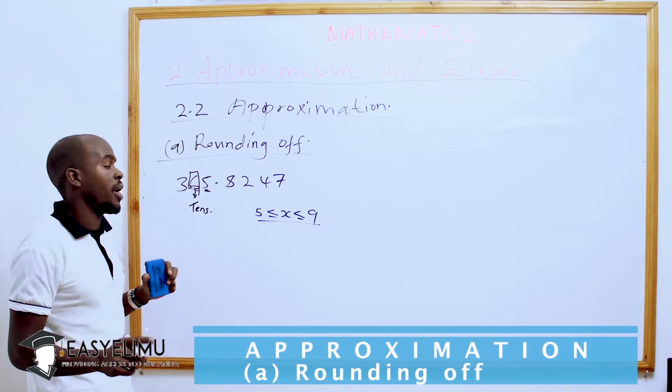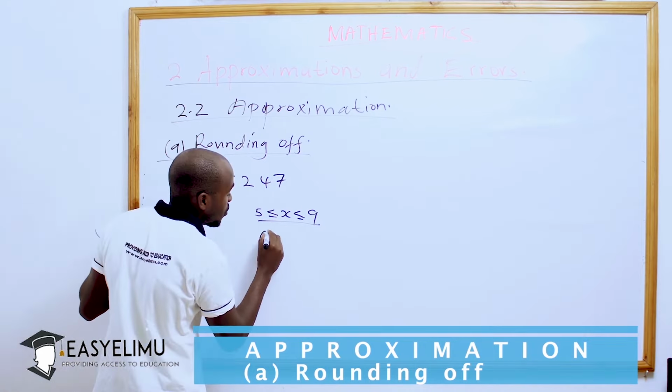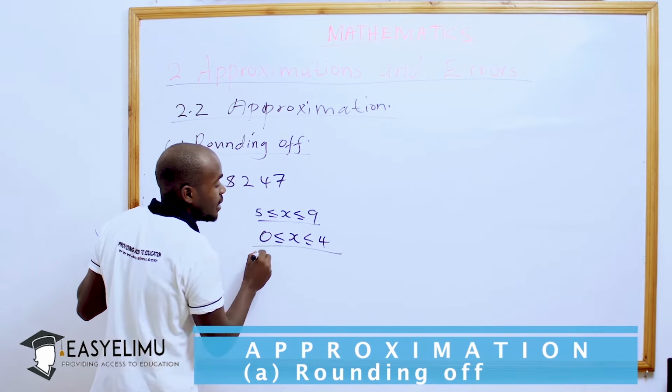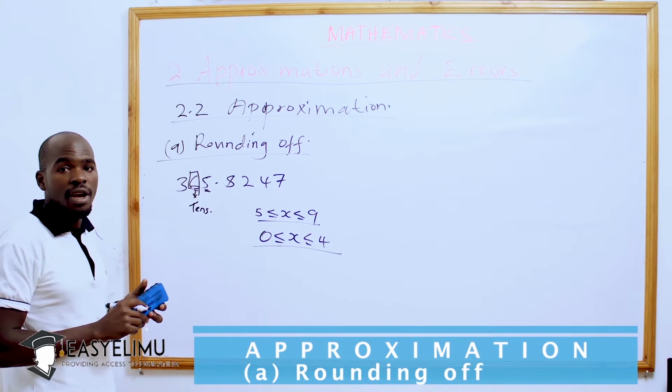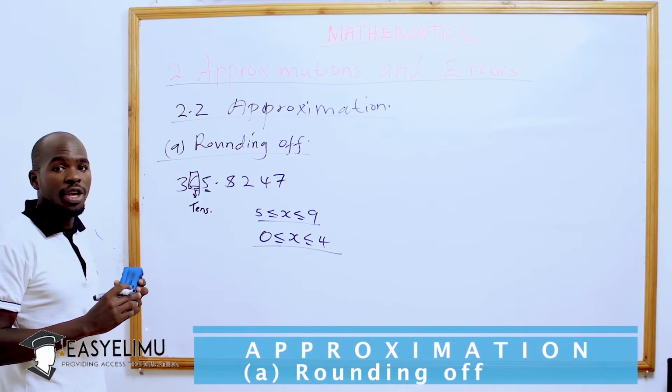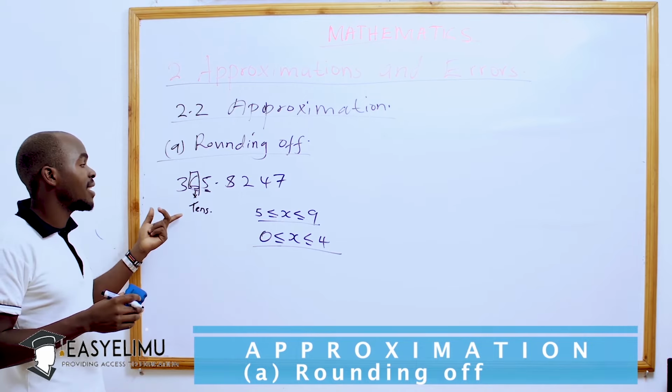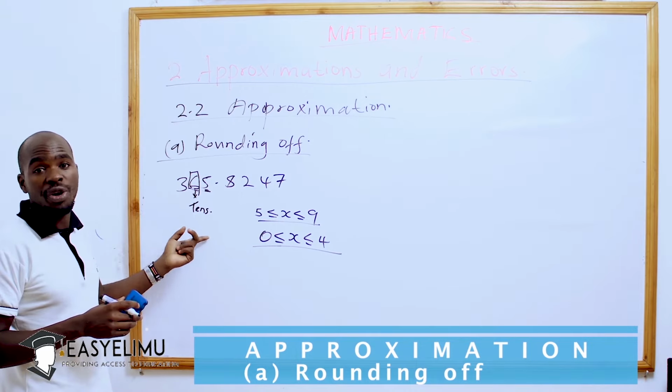But if the number ranges from 0 to 4, then we ignore it. We just cut it off and replace it with 0, but the number which we needed to round off remains the same.